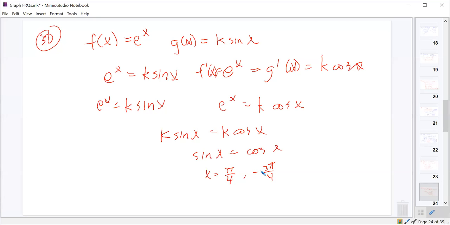Did they give you a calculator for this one? Is this in the calculator section? This was before the calculator, right? Yeah, okay. So they have pi over 4 and negative 3 pi over 4 for that.